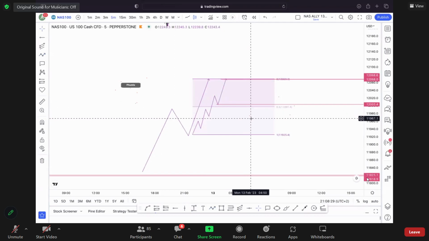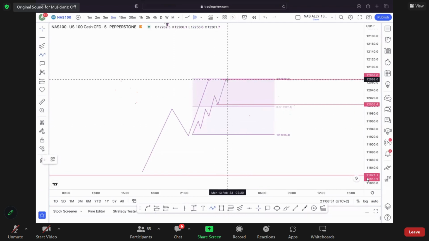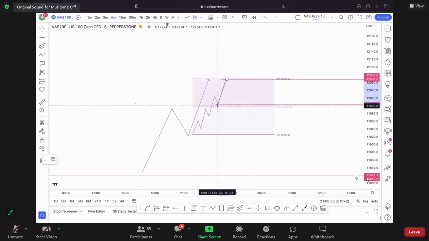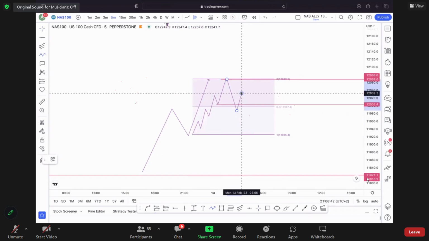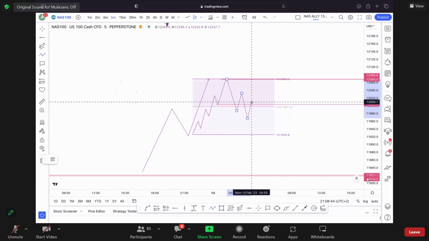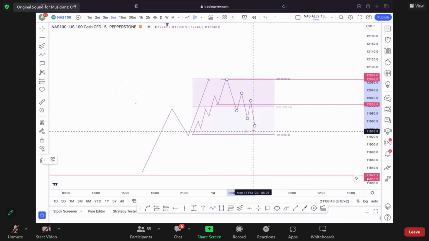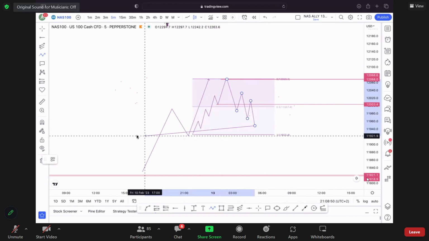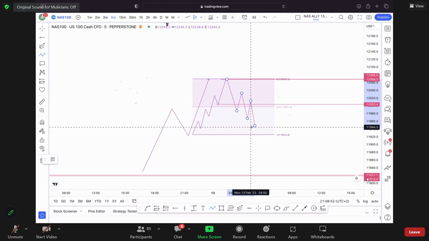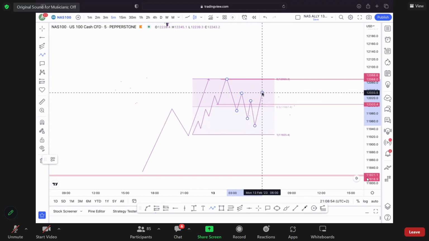Now, when the market comes into discount, how does it get into discount? It has to obviously take out a low. So we now expect the market to make lower lows, lower highs, lower lows, lower highs, until the market has enough money, wherever it may be, to now take out the high.